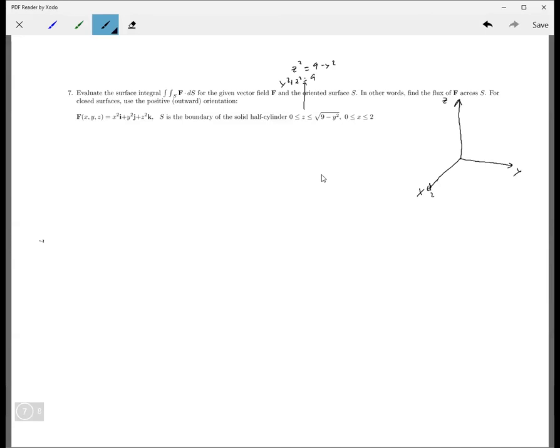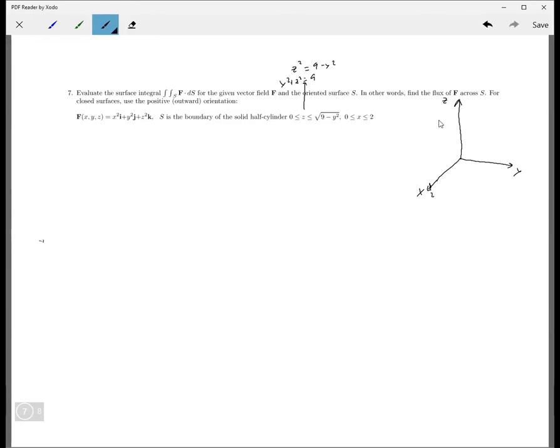So that means that's a circle of radius 3, right? But you just want the top part, the part above the xy plane. Okay, so that's a circle, and it goes about the x-axis.